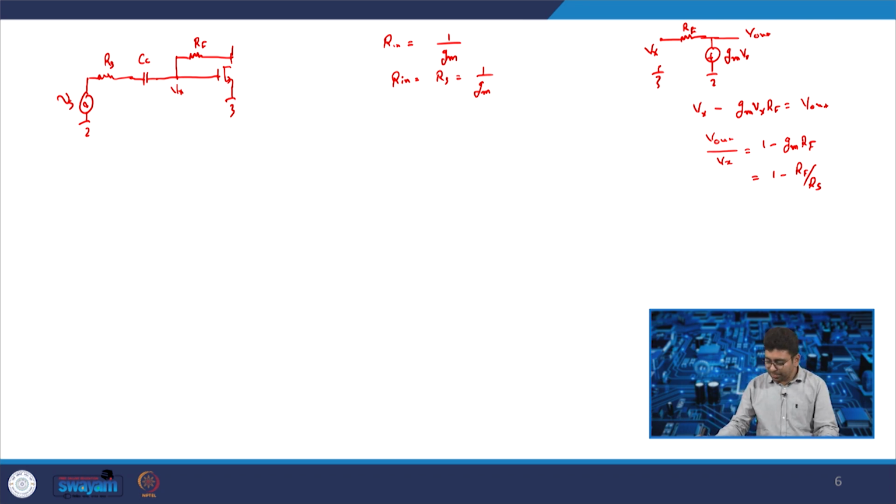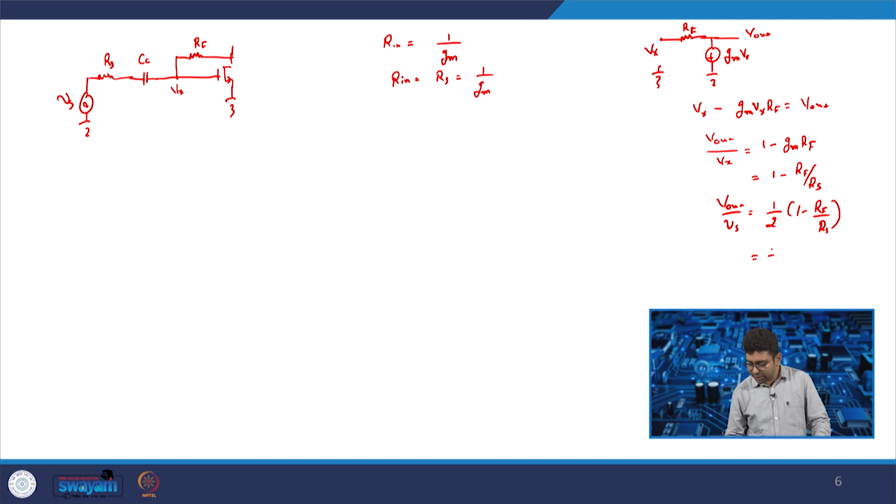Because here the input impedance is 50 ohm, we can also write V out by Vs is equal to half, one minus Rf by Rs.